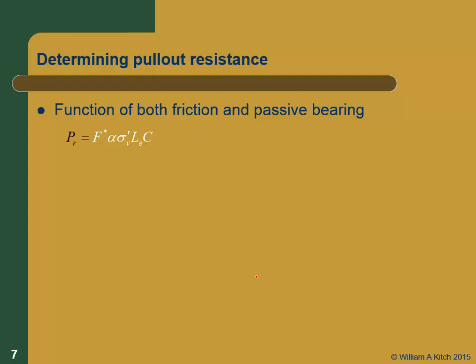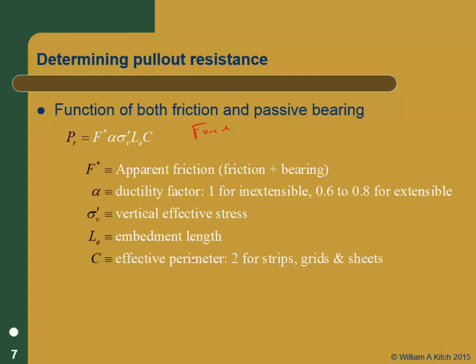The pullout resistance, which is a force, is going to be a F star, which is an apparent friction factor. We're going to talk about why that's apparent. Even though bearing is not a frictional behavior, it's friction within the soil.